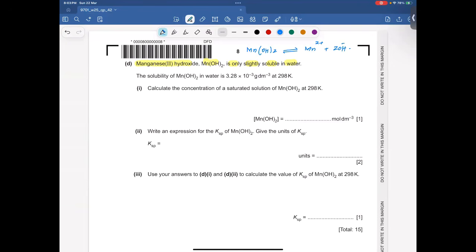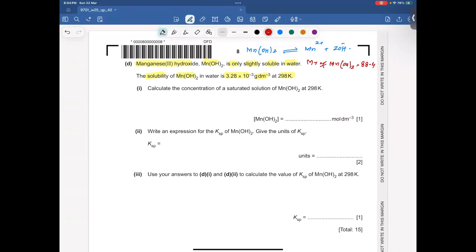The solubility of magnesium hydroxide is given in gram per dm cube, which means, first of all, I need to take out the Mr of magnesium hydroxide. So the Mr of magnesium hydroxide is basically 88.4. To convert gram per dm cube into mole per dm cube, we need the Mr of magnesium 2 hydroxide.